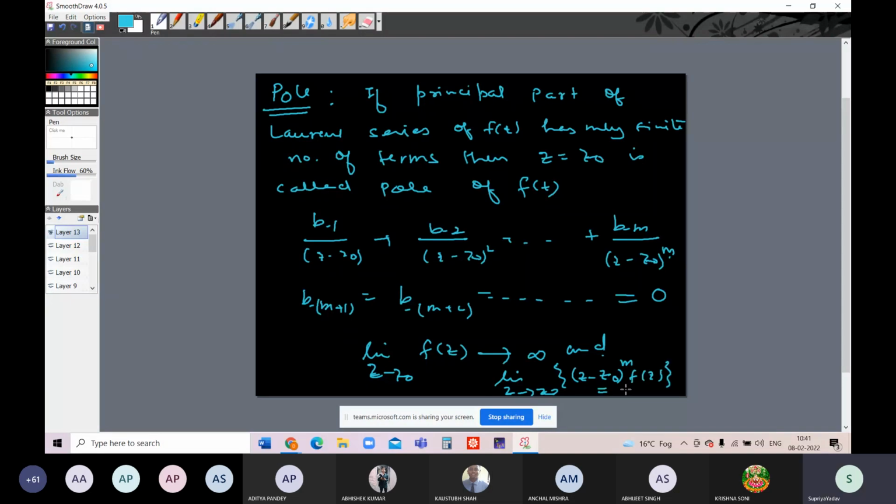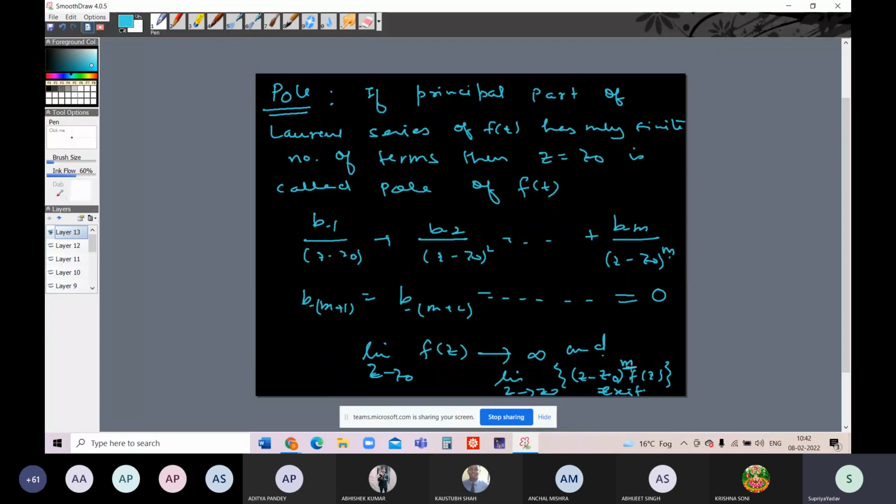If this limit exists, or we can say that it is finite, then we can say that the function has a pole of order m, if m is the least positive, smallest number for which this limit exists.